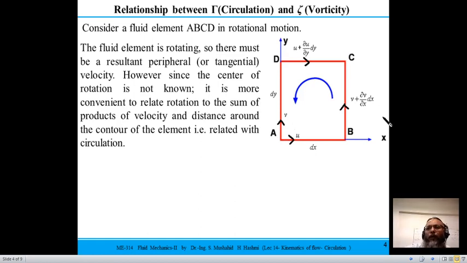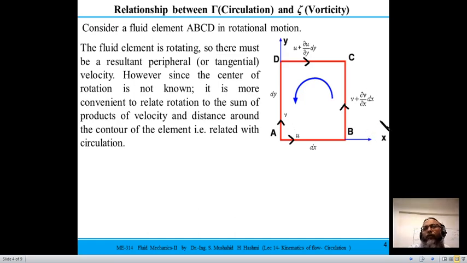So for example, if we have no knowledge about, let's say this element, there is some center, and this element is rotating about the center, and we don't know right now that this fluid element is rotating about which point. It could be this point or it could be the point outside the coordinate system, we don't know.